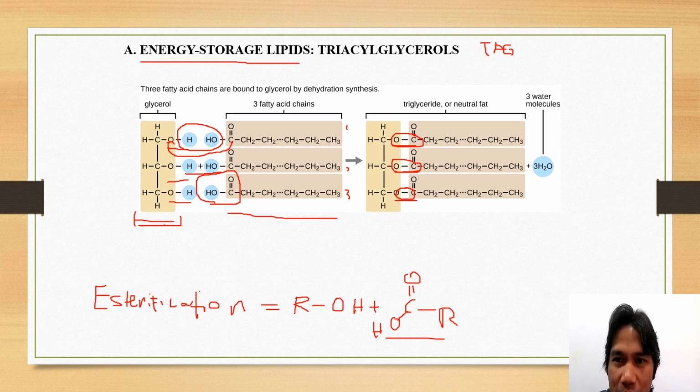So a TAG, or triacylglycerol, is actually an ester. TAG is a molecule made by combining one glycerol and three fatty acids via the esterification process.